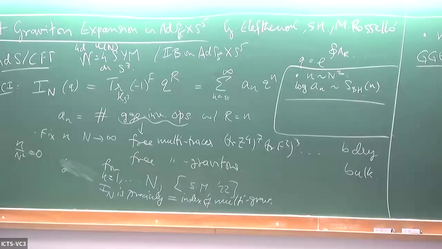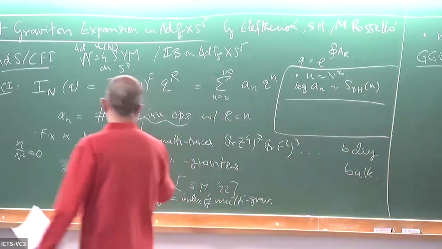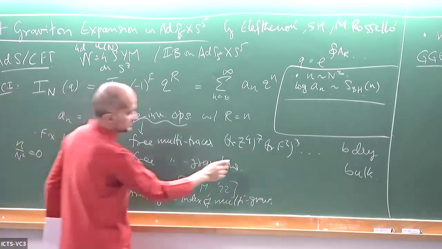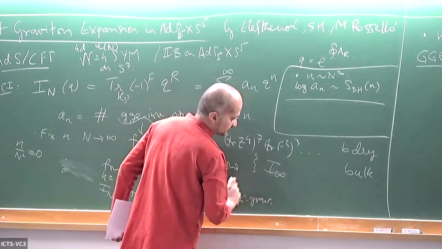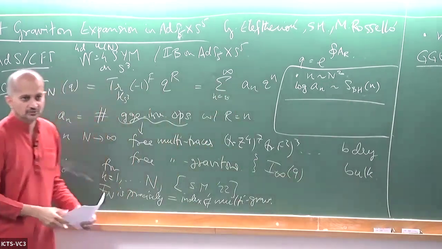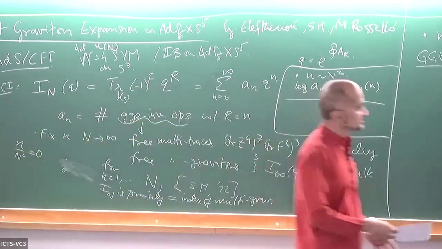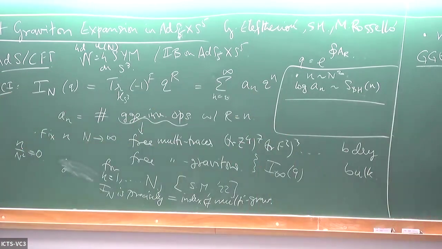So that means that for the first n charges, these two are going to be the same. I should have said this as well: this fact that for fixed charge, as n goes to infinity, in this limit everything is graviton. This partition function I can call I infinity of q, which means that for any charge in that, I've already taken the rank to infinity.